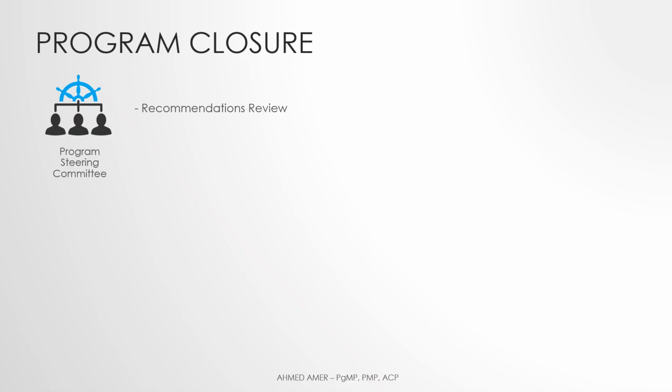The steering committee also makes sure that any recommendation to close the program aligns with the organization's vision, mission, and strategy. In other words, the decision must support the current direction and goals of the business.